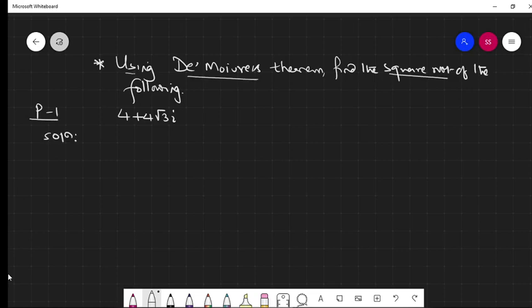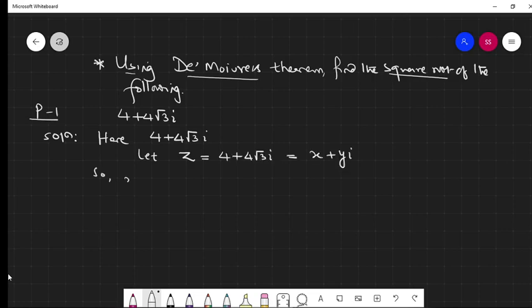First, here we have given 4 plus 4 root 3i, and let z equal 4 plus 4 root 3i, comparable to x plus iy.